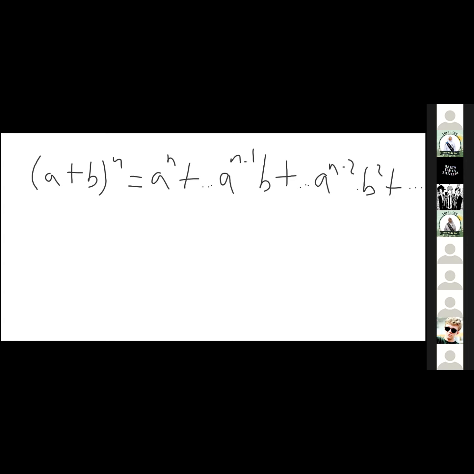We can expand until a has power of 0. And we know from our last lesson that each row of Pascal's triangle can also be denoted by combination.